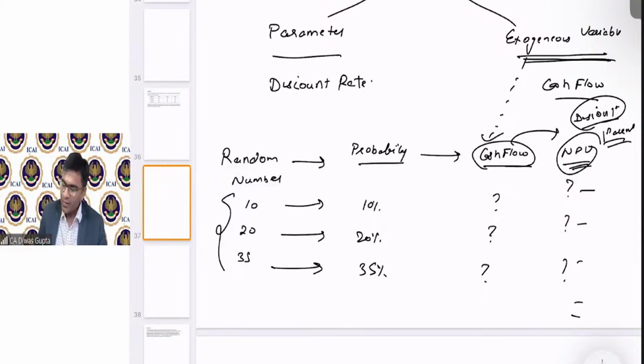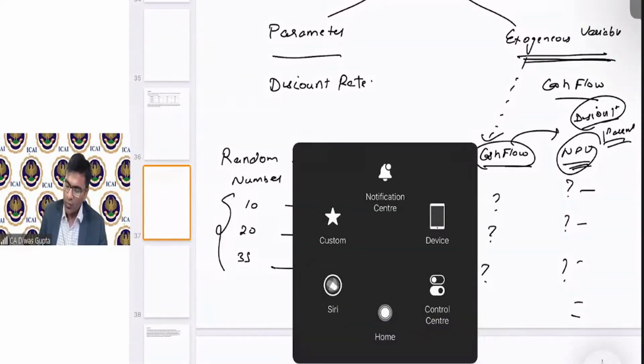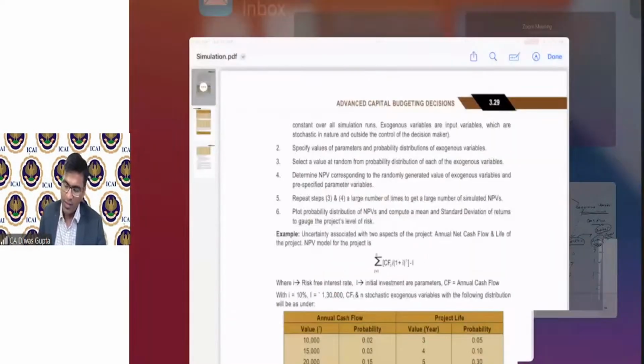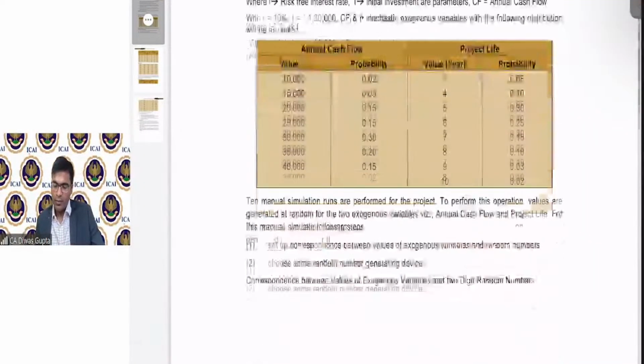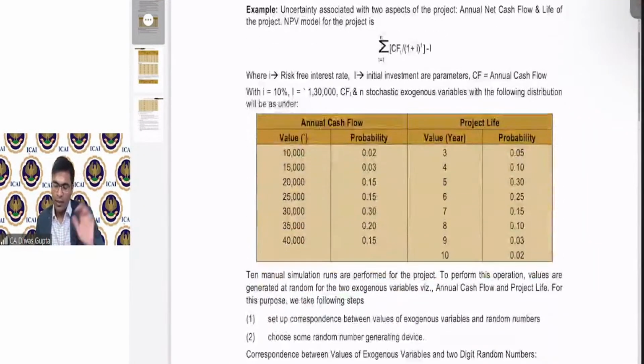So let us try to see this from the study material itself. Yes, this is on page number 3.29, the 29th page.